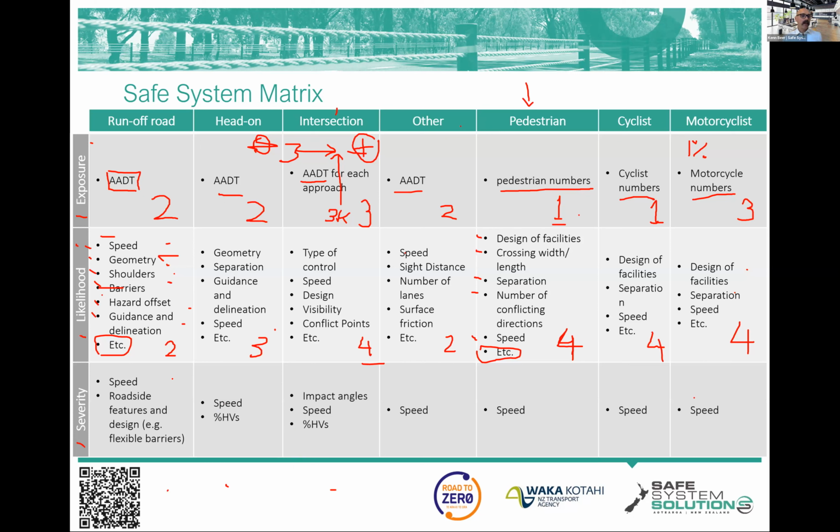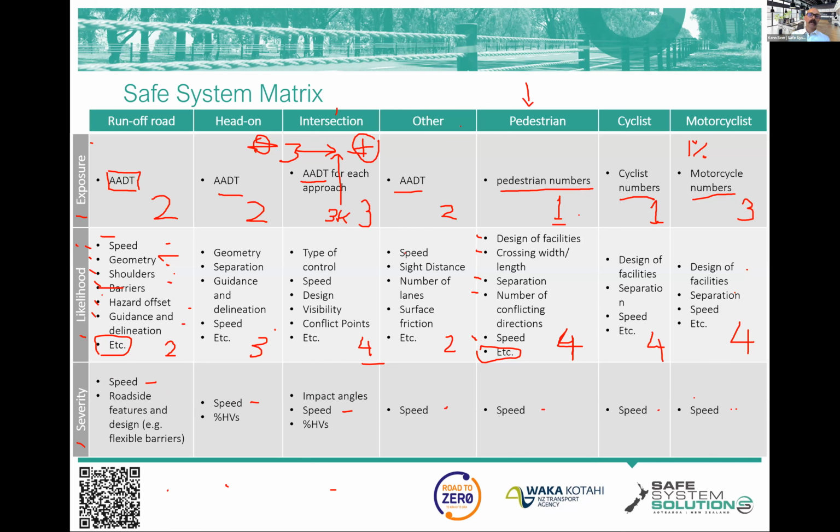Okay, so severity then. We now have established this is all the number of people, then the chance that any individual will be involved in a crash based on the infrastructure in place. And then we say, how bad is it going to be? And you can see when we get to how bad it's going to be: speed, speed, speed, speed, speed.